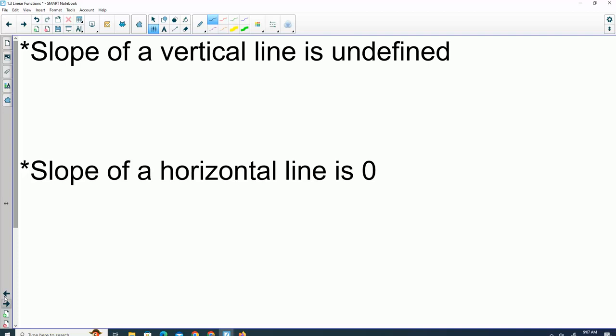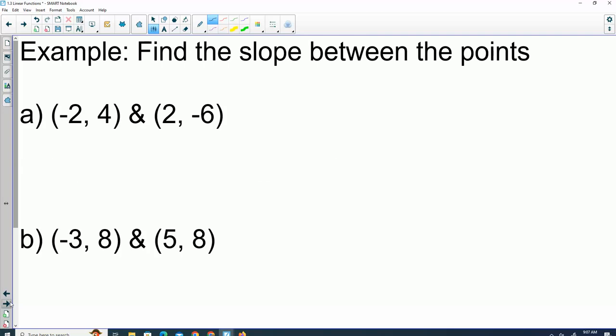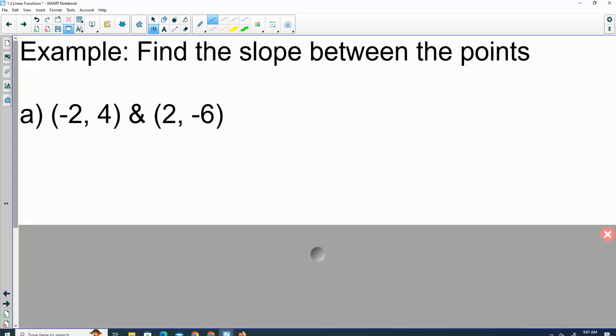Everybody have what they need from these slides? So let's practice finding slope from two ordered pairs. If we're looking at these ordered pairs, remember there's x of the first is our x1, y of the first is y1, x of the second is x2, y of the second is y2.